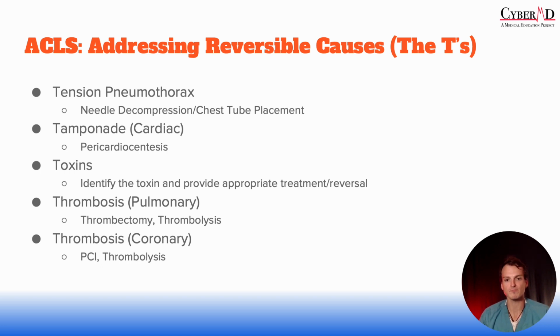The next T is tamponade, as in cardiac tamponade. So this will be identified typically on ultrasound in the emergency department, or if you're in the ICU, you may be able to identify cardiac tamponade in a patient who's gone into cardiac arrest. And so pericardiocentesis is often the procedure of choice to fix this.